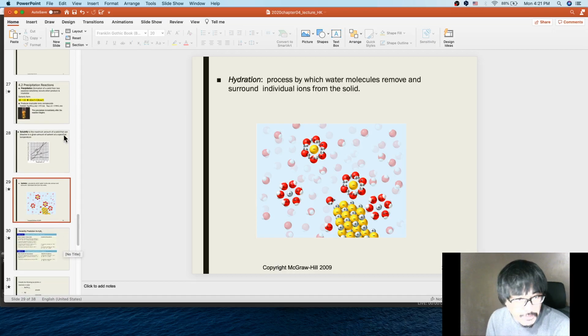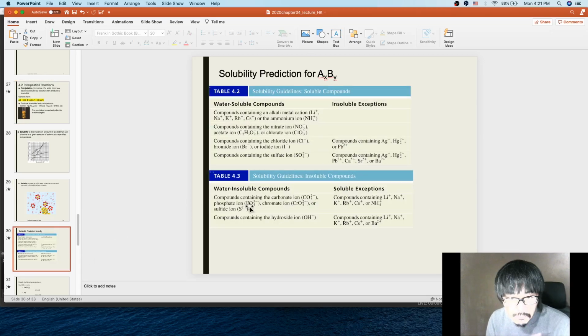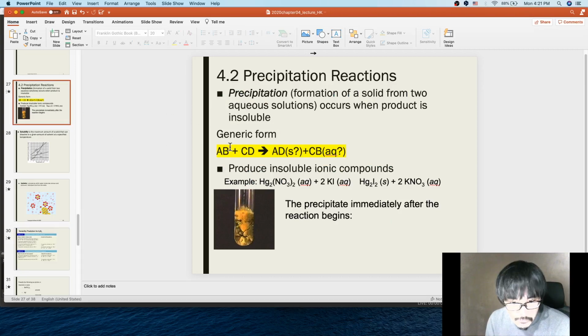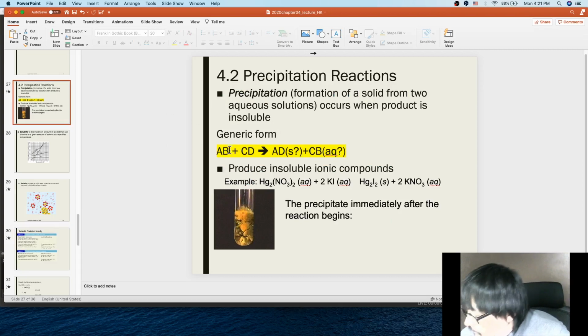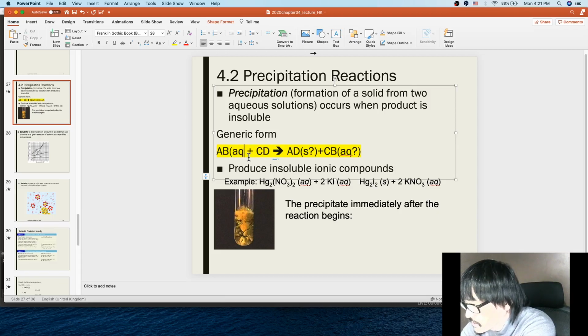So before I go into the super important table, what I want you to know is that anytime you have a solubility reaction, you have to figure out: is this aqueous or is this solid?